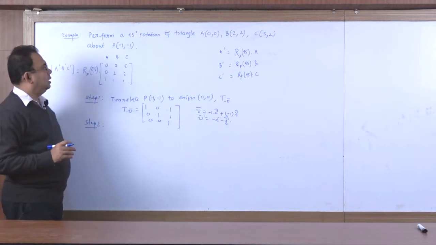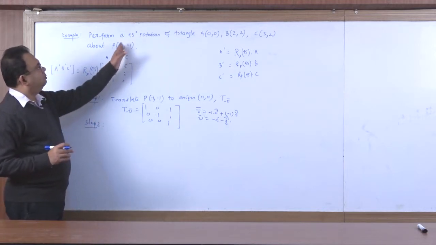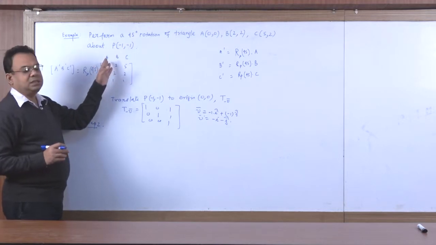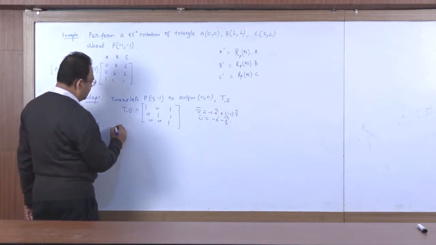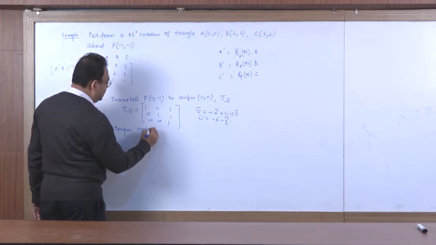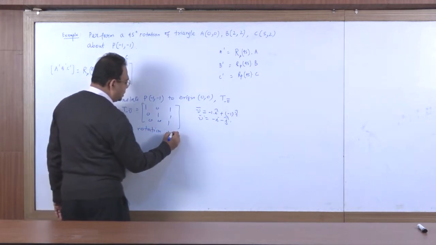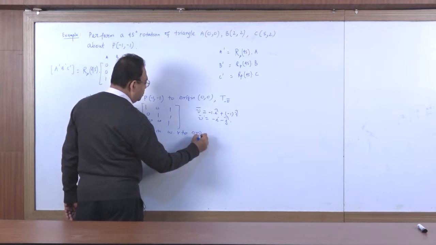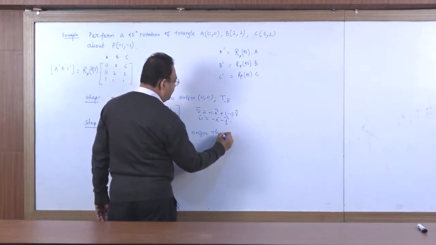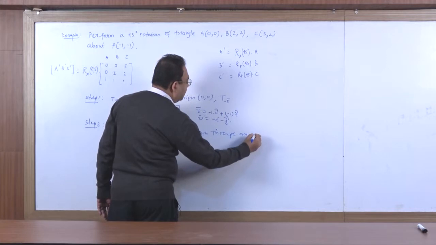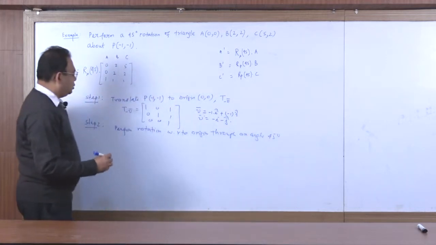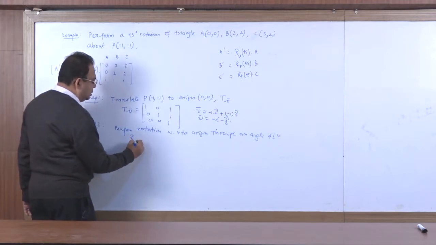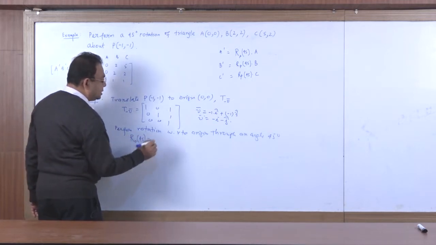Now, what is step 2? After step 1, P is now coincident with the origin, that is (0, 0). So now you will perform rotation with respect to the origin through an angle of 45 degrees. So this operator is R 0, 45.